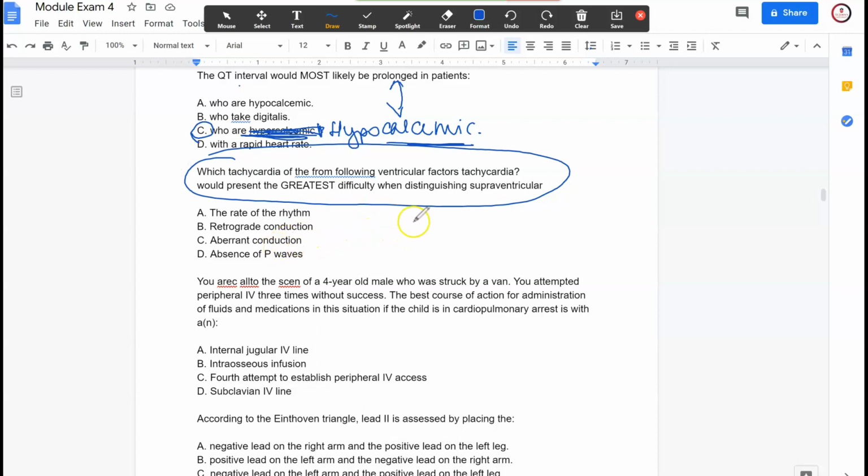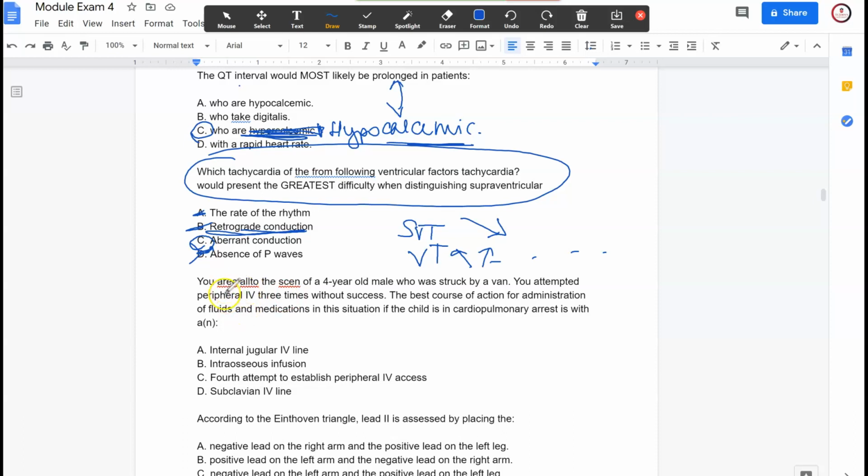Right, so SVT goes down the normal electrical pathways, while VTAC does not. It goes the other way, from cell to cell to cell, which is aberrant conduction. Sometimes you can't see the P waves. Sometimes the rate of an SVT and VTAC are about the same. And sometimes you can't even tell if there's quote unquote retrograde conduction or not.